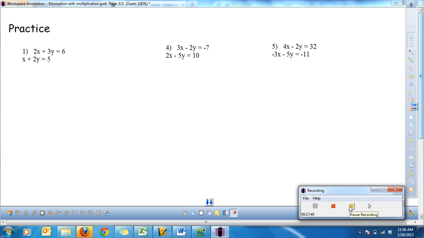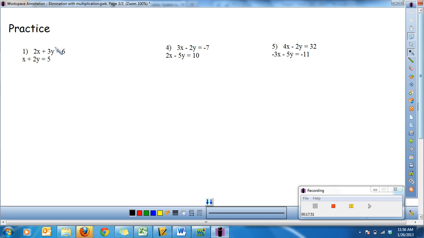Alright, so for practice number 1, first of all, you should have multiplied. You had a couple of options. You could have tried to get these x's to be the same. I'm going to write this one out underneath. 2x plus 3y equals 6, and x plus 2y equals 5. You could have multiplied this first equation by 2.